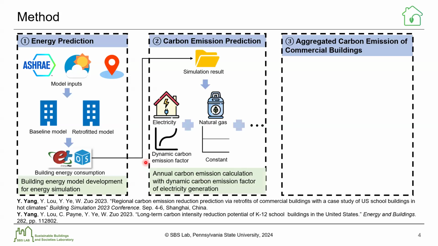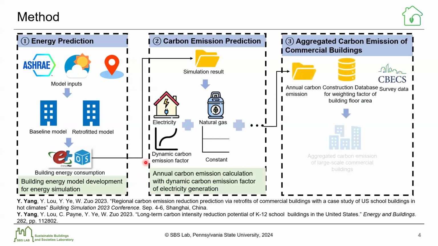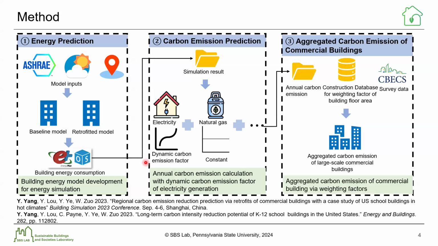So we calculate the carbon emission for a building according to the energy simulation result. After that, we use the large scale survey data and the existing construction database to get the weighting factor for different building types and calculate the aggregated building emission.